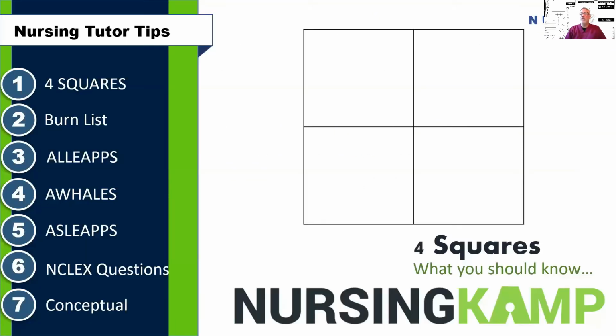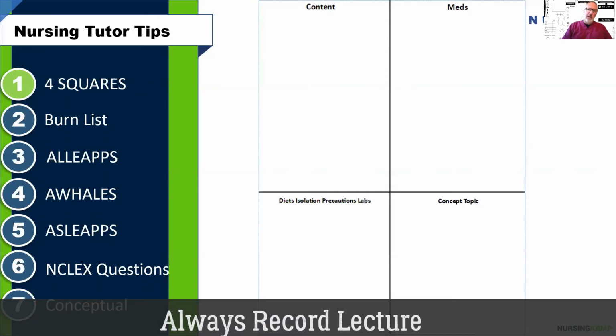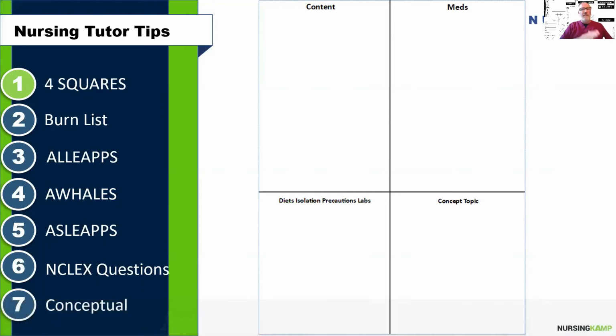Okay, in the previous lecture, I talked about 4 squares. The reason we do 4 squares is to isolate the content as we're listening to lecture and really start to figure out what the content of the lecture is. How we do that is we separate a piece of paper into 4 different areas. As we listen to the lecture, I made the recommendation, always record your lectures because your mind is going to fade in, fade out.